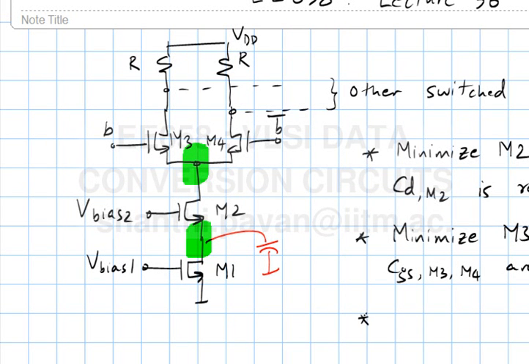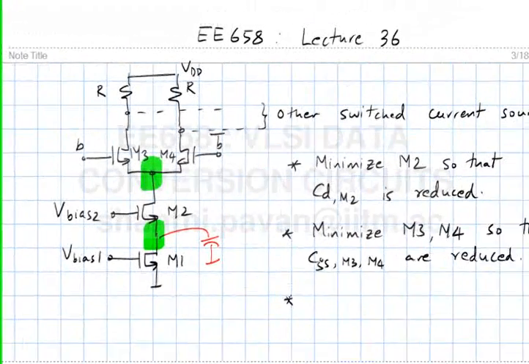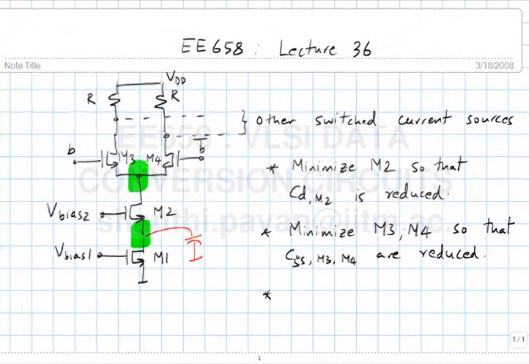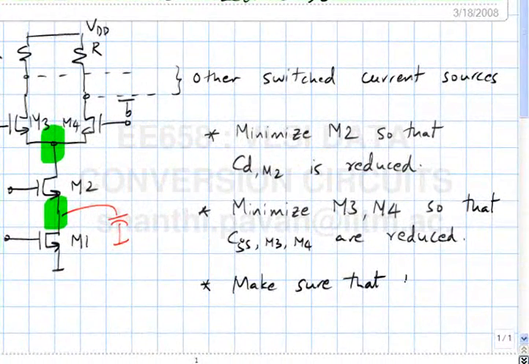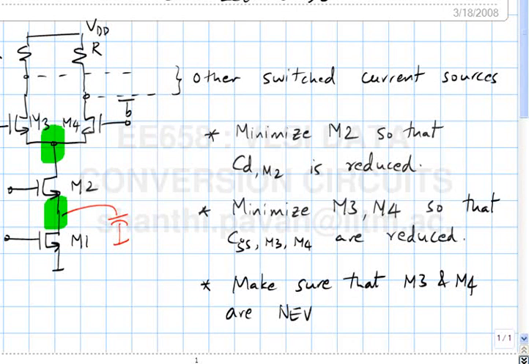What can you comment about the waveforms B and B bar? As a designer, what would you strive to do? You want to make sure that M3 and M4 are never off at the same time.